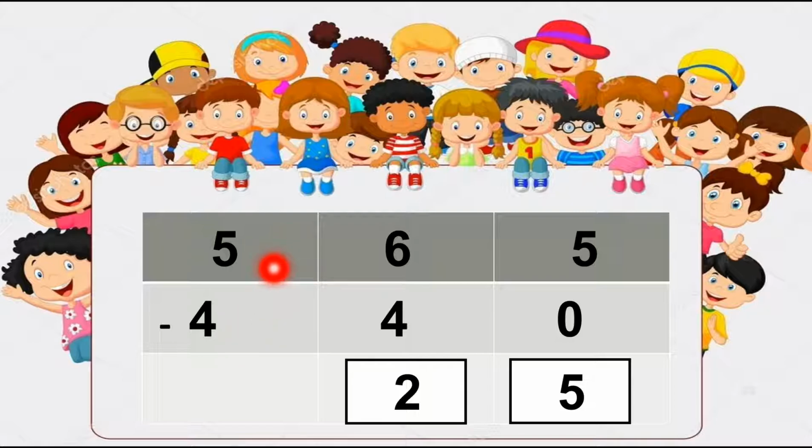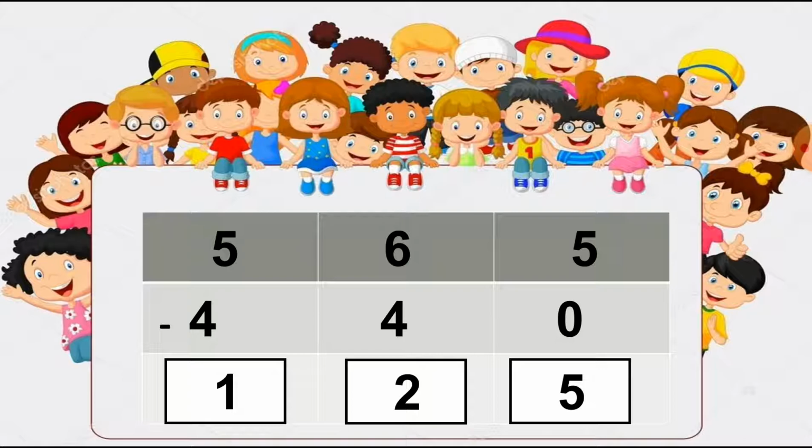The bigger number is at the top side, so 5 minus 4 is equal to 1. So the answer of this sum is 125. I repeat, 1, 2, 5, and you have to read after me, 125.